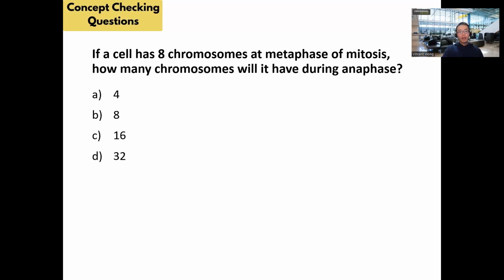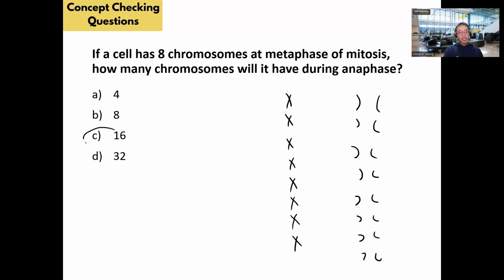If you have 8 chromosomes at metaphase, that means you have 8 of these lined up in the center: 1, 2, 3, 4, 5, 6, 7, 8. In anaphase, they will be separated, so this one will get pulled apart, and this one will get pulled apart. In the end, you will have 16. You only count them as one if they are stuck together. Once you separate them, you have to count them separately. So the correct answer is 16. Make sure you understand this.